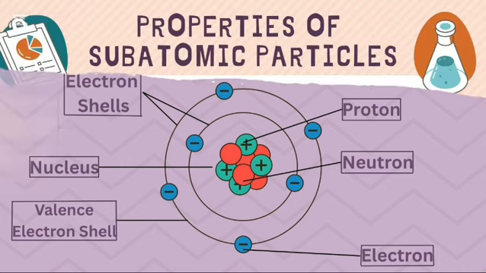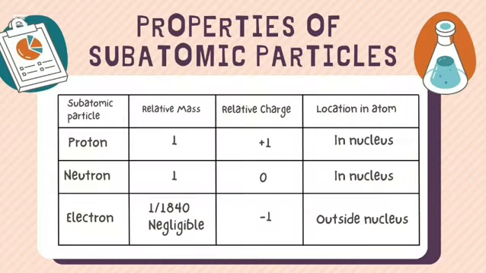Let's look at the properties of subatomic particles. You might wonder, what are subatomic particles? Well, it's basically just a collective name for protons, electrons, and neutrons. Let's look at proton first. Proton has a relative mass of 1, a relative charge of +1, and it's found inside a nucleus, as I mentioned before.